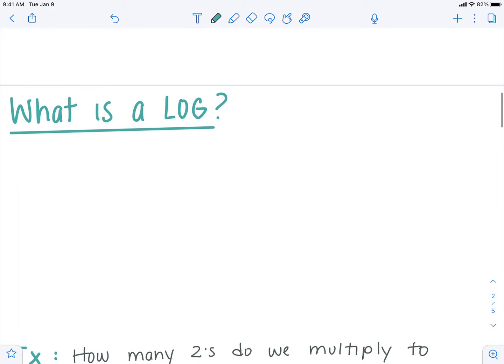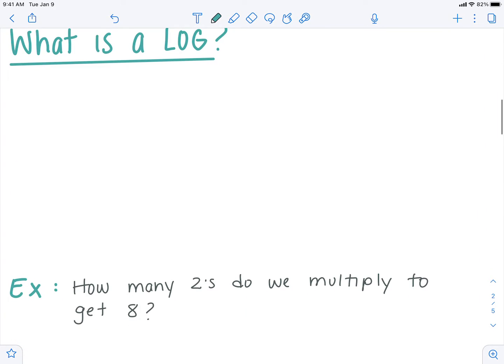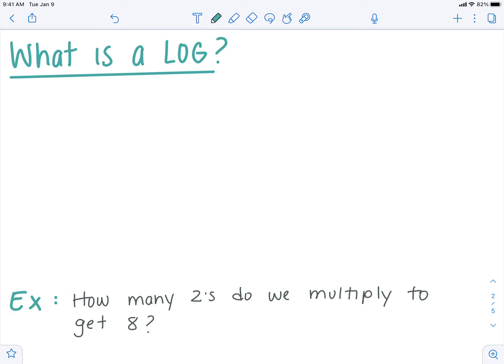So you might be asking yourself, what is a log? And a log is just a fancy math word for how many of one number do we need to multiply in order to get another number.